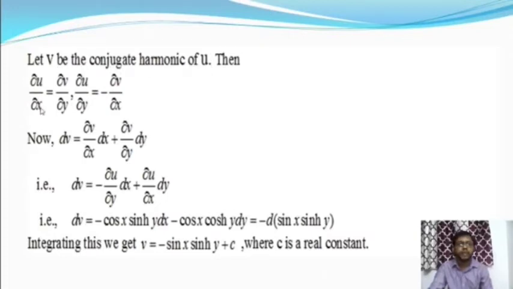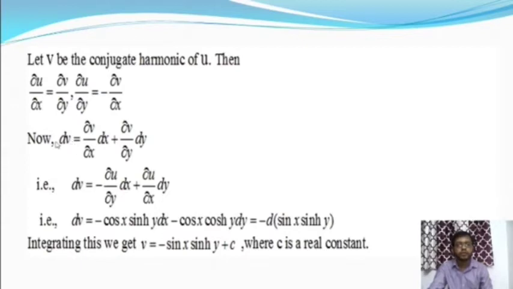Then del u del x is equal to del v del y, and del u del y is equal to minus del v del x. From this we are going to find the function v, the conjugate harmonic of u.